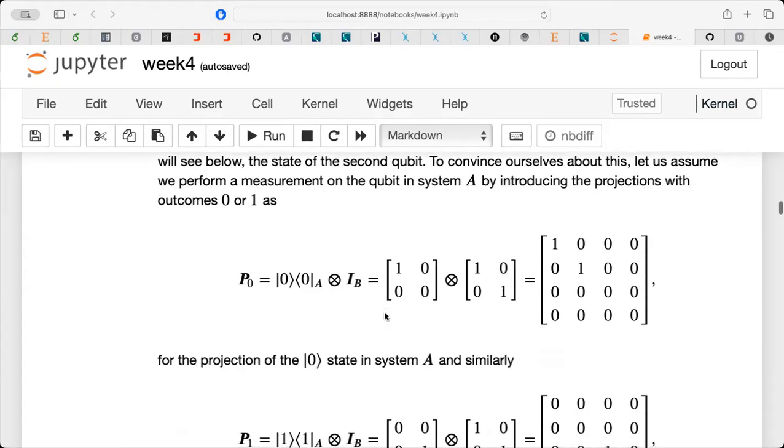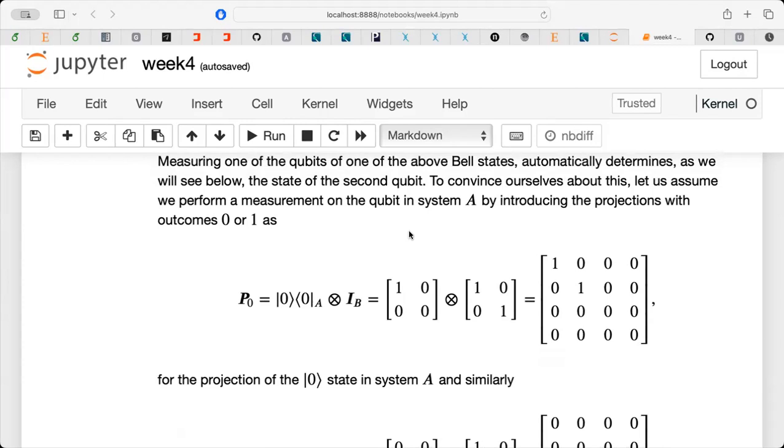So, just to remind you what we did last week, we looked at a projection of the qubit in a specific subsystem. This projection is given by the projection operator for qubit 0 in system A, and then it's a tensor product with the identity matrix for system B, because we're not doing anything with system B. So we want to project out the specific state in system A.